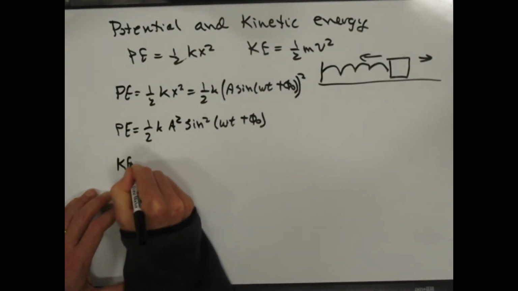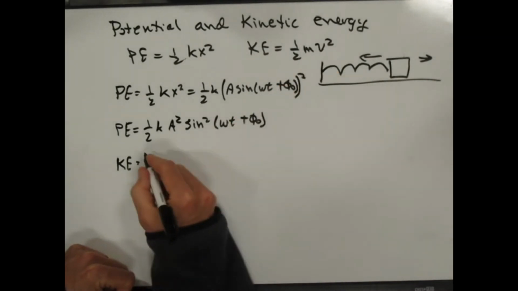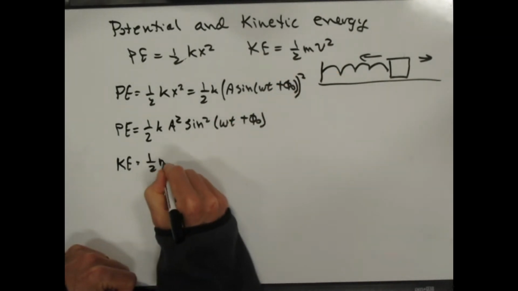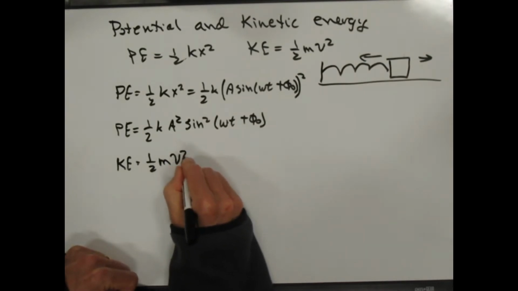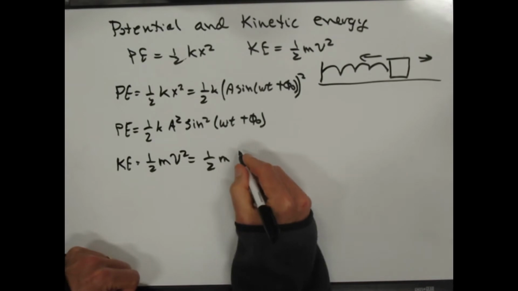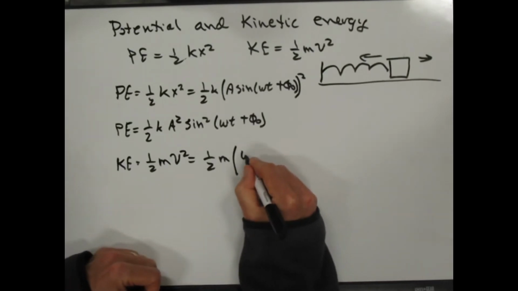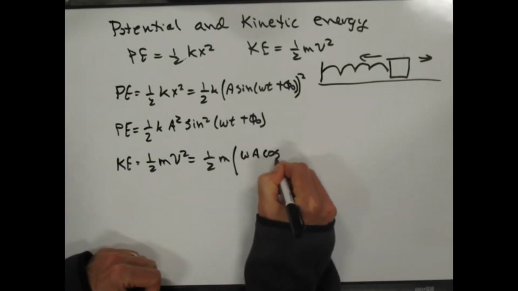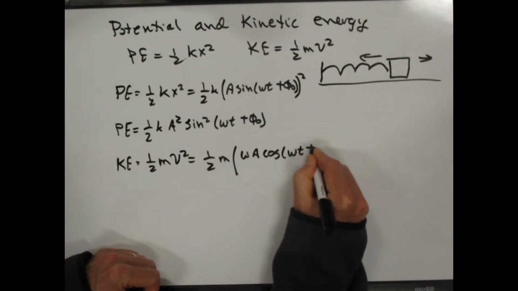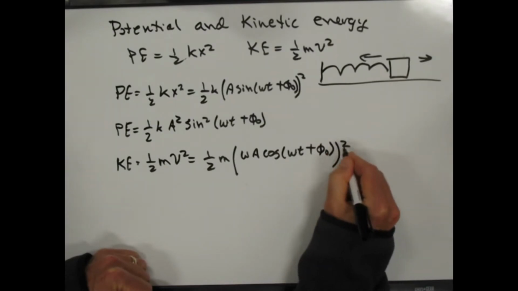The kinetic energy is given by this term. It's 1/2 m v squared, which is 1/2 m times, we have to go back to what we calculated for the velocity. And the velocity was omega A cosine of omega t plus phi naught, squared.